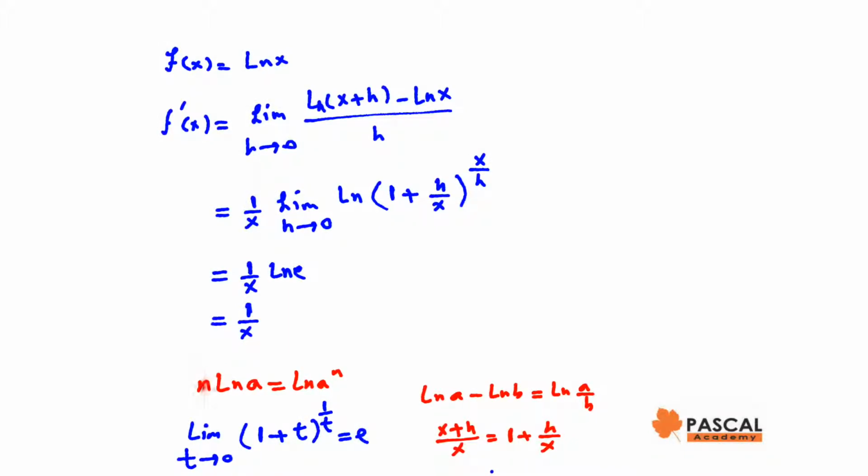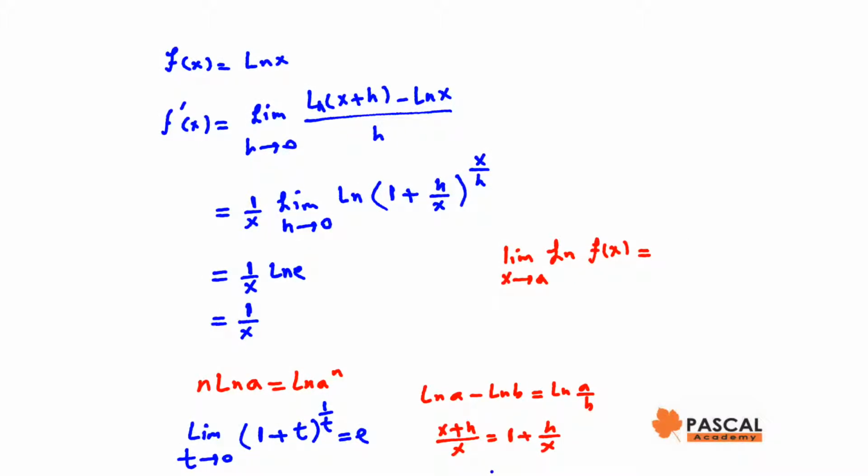By using n ln a = ln a^n, we can write this limit as 1/x times the limit of ln((1 + h/x)^(x/h)) as h approaches 0. When f(x) is positive, the limit of ln f(x) and ln of the limit of f(x) are the same.